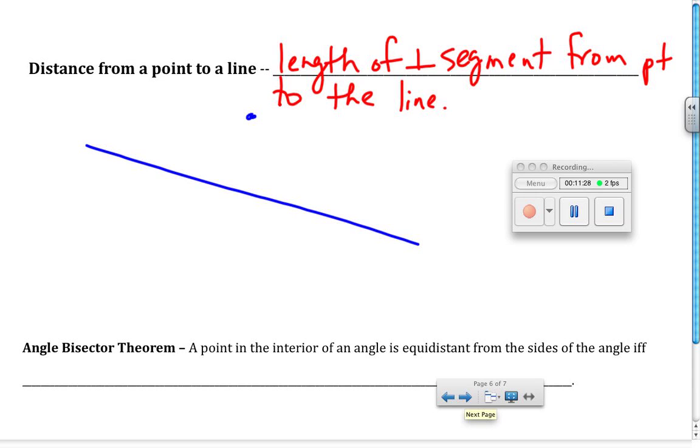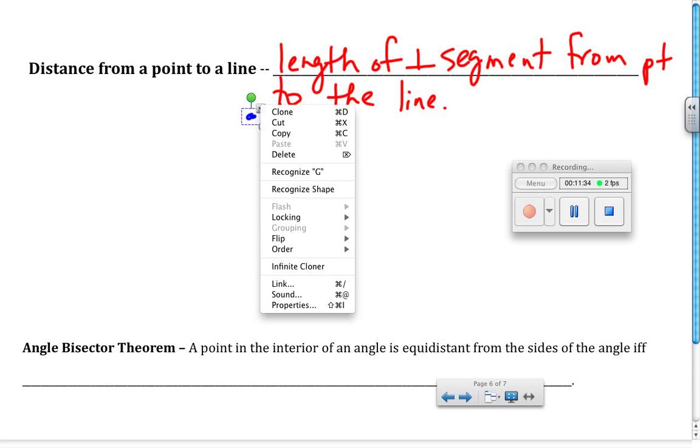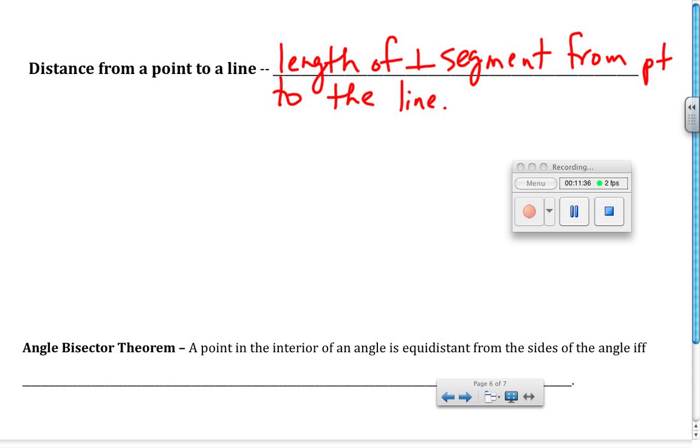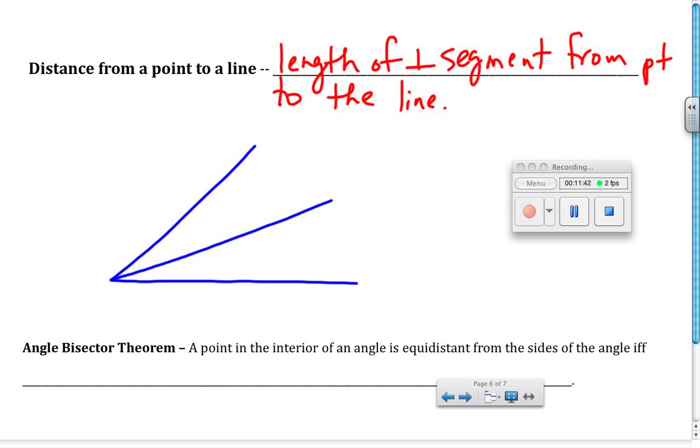So the next property, as you can see, is dealing with an angle bisector. So let's take a look at an angle bisector. I have an angle, and it's been bisected, and it has many, many points. On that angle bisector, let's just choose a random one.